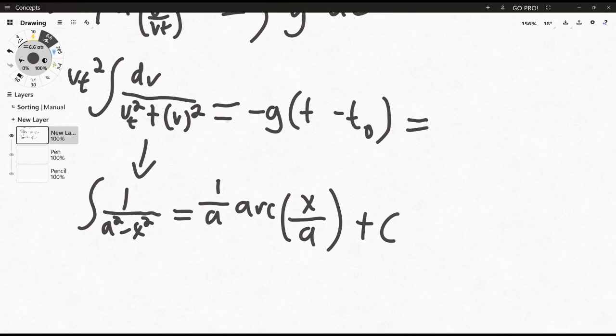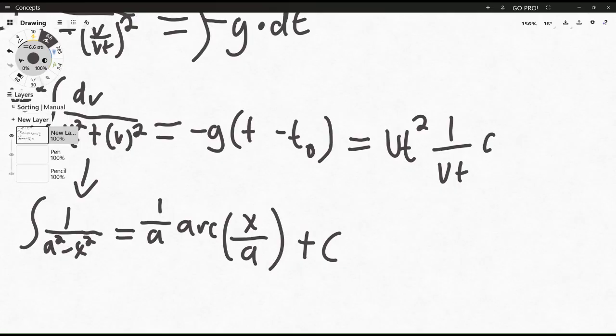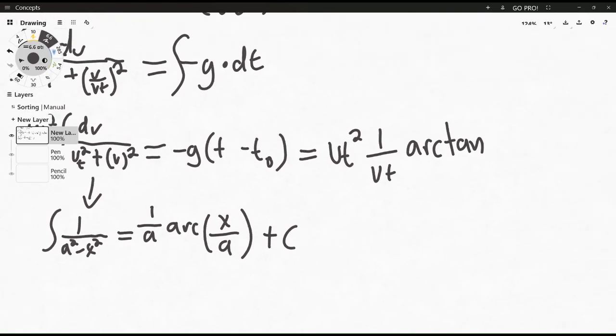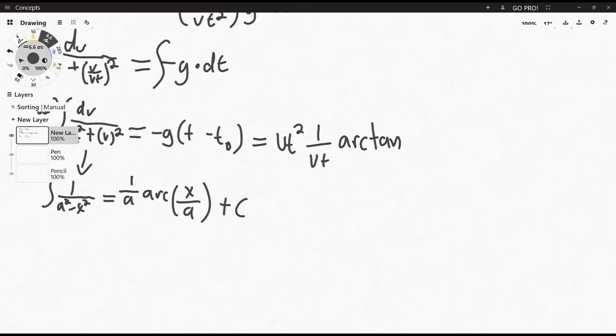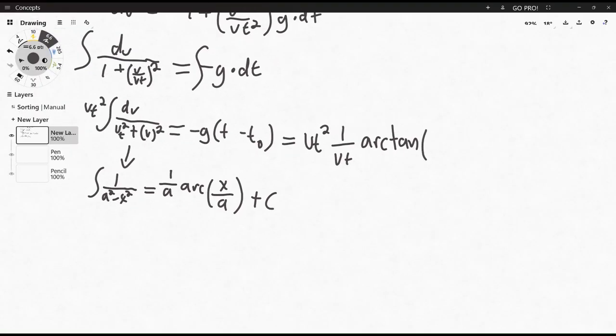So I'm going to have vt squared times 1 over a, which is our vt, times arctan of x, well, v in this case, sorry, I got traumatized by x, v over vt.